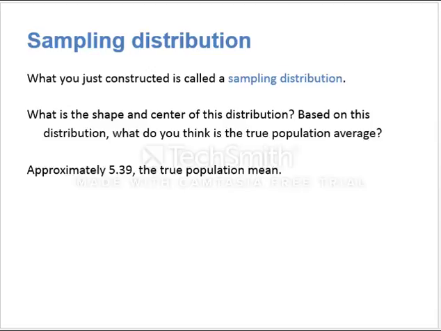So notice 5.9 is somewhat close to 5.39. It's not on the dot, it's not exact, but that is the true mean, mu. Their data resulted in x bar of 5.9, and it's pretty close.